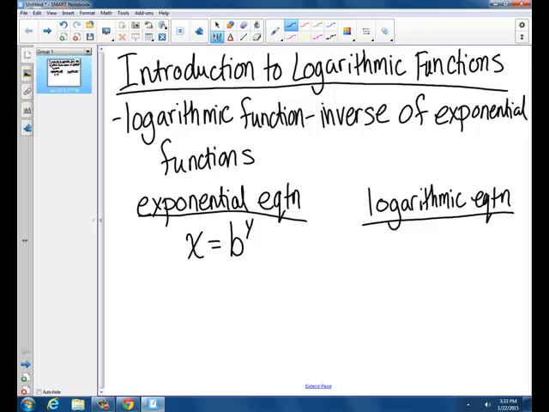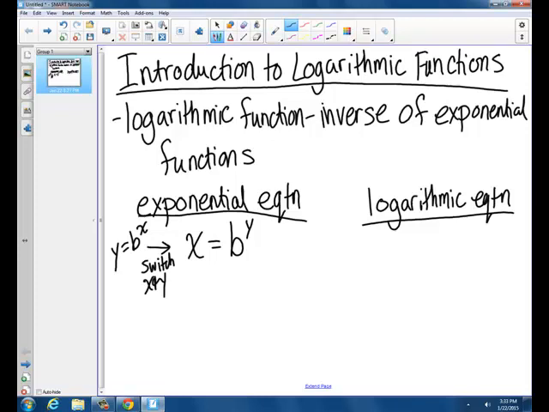But remember back when we did inverses, we swapped the x and the y. If we had started out with an exponential, y equals b to the x, we're switching x and y, so that when we write the inverse function, it's going to make more sense.